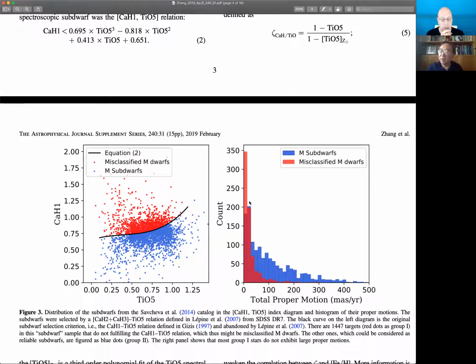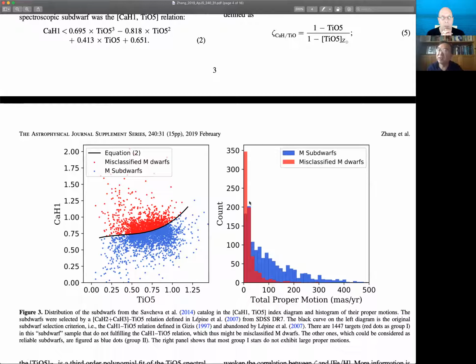Here I want to say some words about the radial velocities. In Savcheva's work in 2014, in figure 3, all these points are subdwarfs from SDSS. But for the line indices, she did not use her own radial velocities.